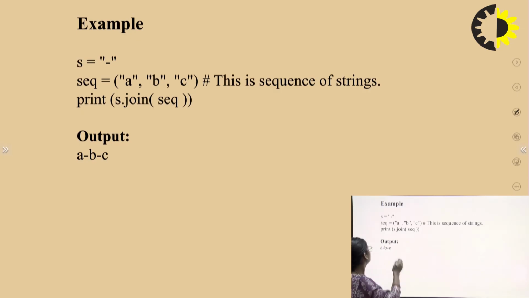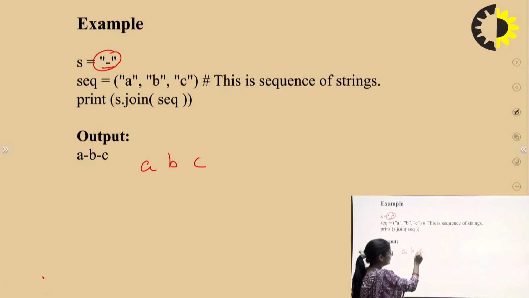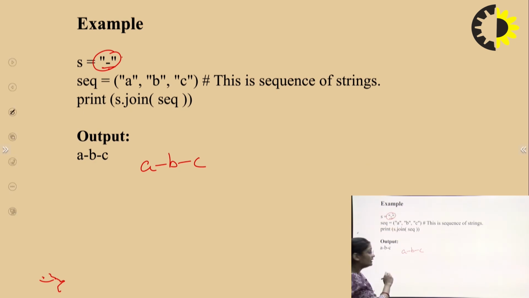The string is this separator, and by using this space you can join the three elements, that is A, B and C. How can we join? We can join by this: A.B.C.